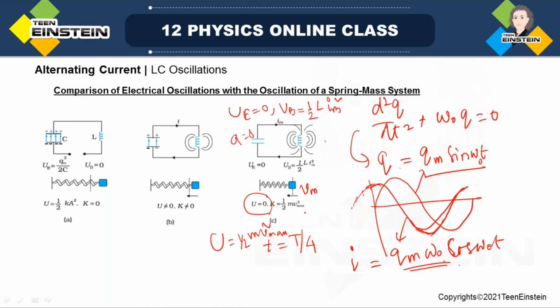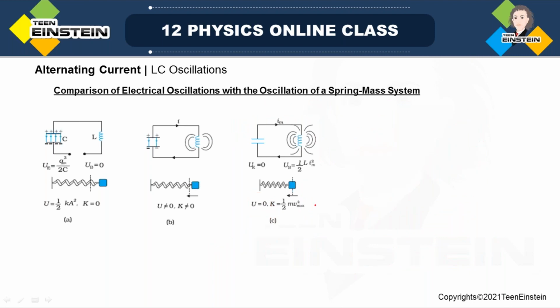You can see the analogy is very coherent and very interesting, right? So this is up to T by 4, when the current is becoming maximum in the circuit.